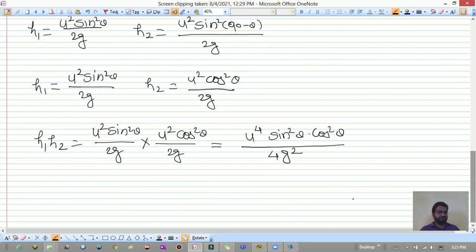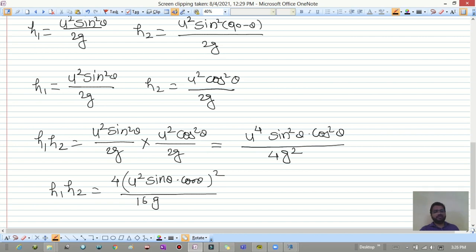Now see here, I am rearranging this. h1 into h2 is equal to (u squared sine theta into cos theta)(u squared sine theta into cos theta), that is, u squared sine theta cos theta whole squared, divided by, if I multiply by 4 over here, 16g squared.